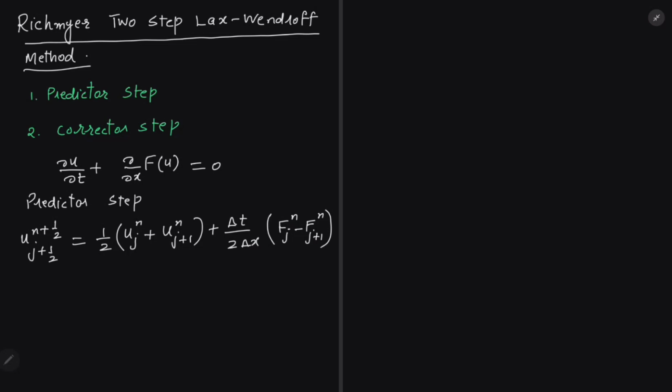So basically this is the u, which is called a predictor step.